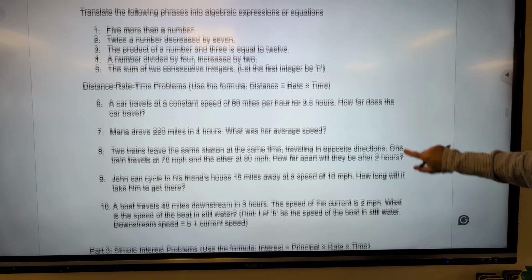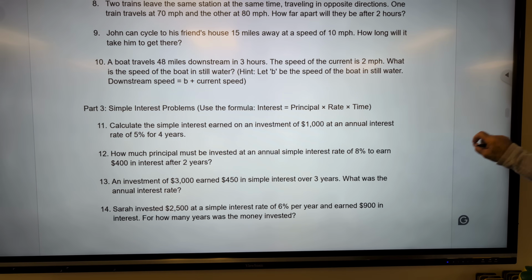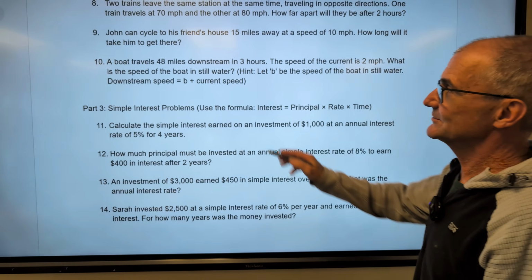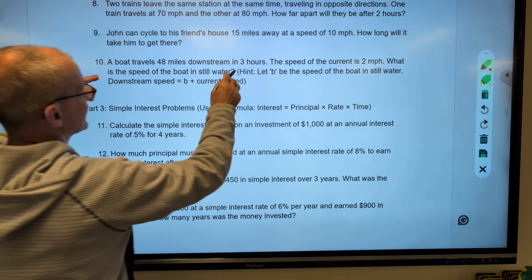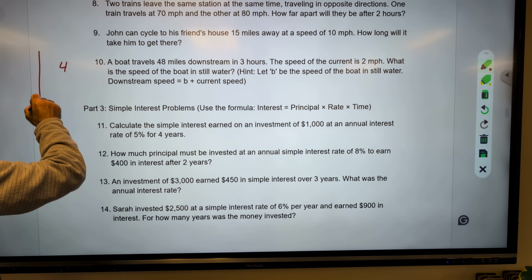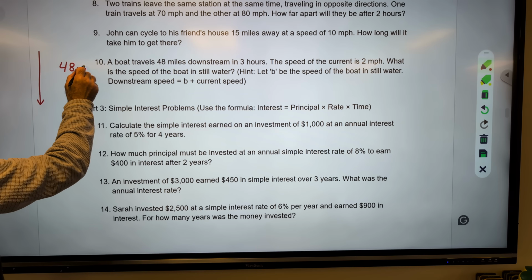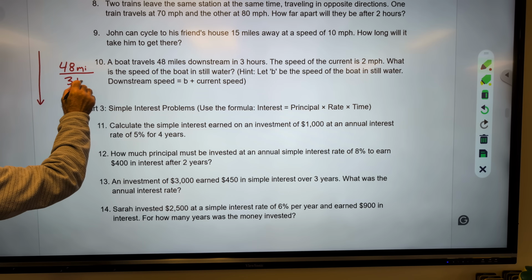Let me move these up here. There's some harder ones here. A boat travels 48 miles downstream in 3 hours. So it is going downstream 48 miles in 3 hours.